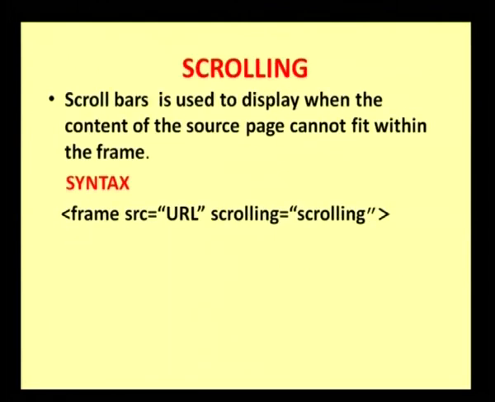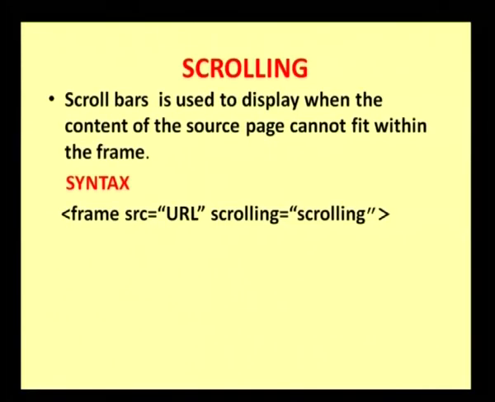The next attribute is the scrolling attribute. As we have seen, we can display the information in the web pages inside the frames with the help of hyperlinks. While clicking on the hyperlinks, they can contain more information which cannot be viewed by the user at a glance.